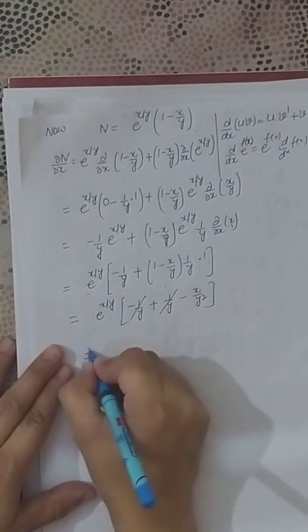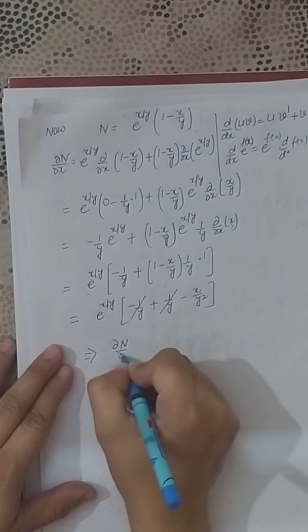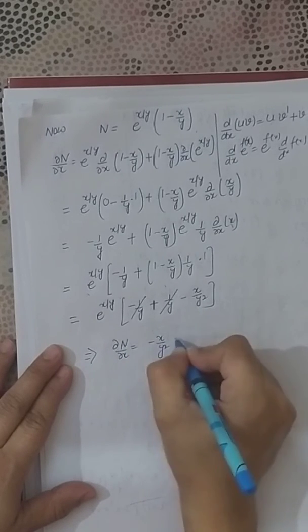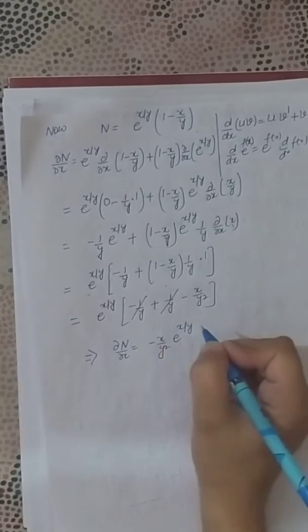Now open the brackets. These will be cancelled out. From here we get curly n over curly x is minus x over y square e power x over y.